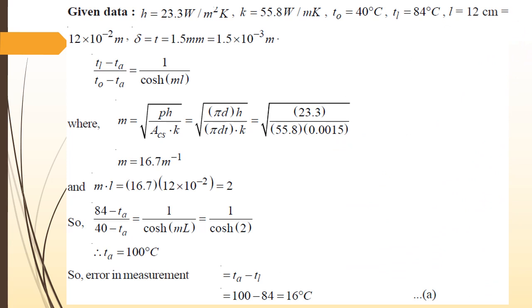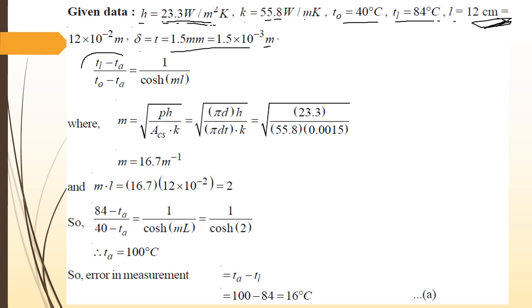You can see first the convection heat transfer coefficient value is given, thermal conductivity value is also given to us, T0 temperature that is 40 is also given, TL that is 84, the temperature which we had measured, is also available. Then length is 12 centimeter, we have to convert that into meter. Thickness is given 1.5 mm, we have to convert that into meter, that is 1.5 into 10 power minus 3 meter.